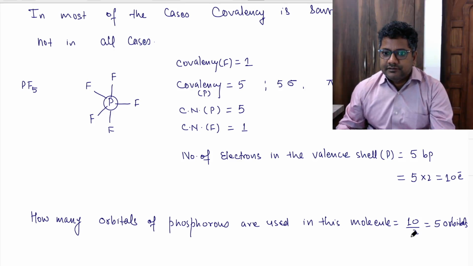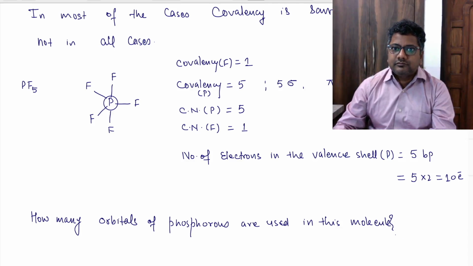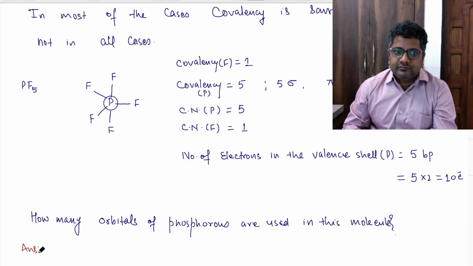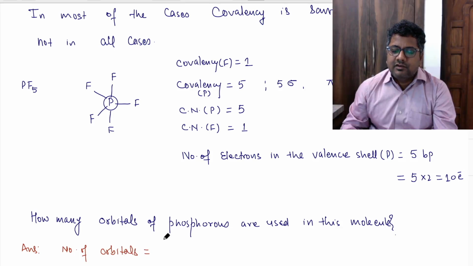So in this molecule, the answer is: number of orbitals is equal to the number of electrons by 2.